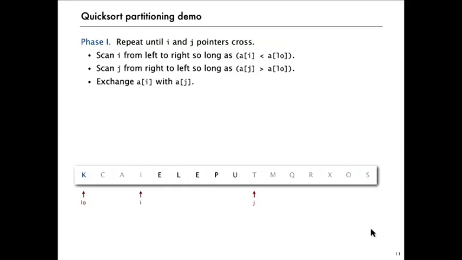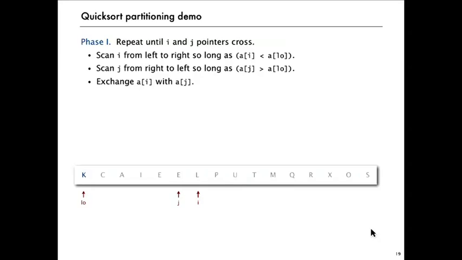So exchange them, increment i as long as it's less, stop at L. Decrement j as long as it's greater, stop at E. Those two elements are out of position, so exchange them. Now increment i, stop at the L, which is greater than K. Decrement j, stop at the E, which is less than K. And now at this point, the partitioning process is complete because the pointers have crossed and we've looked at everything in the array.